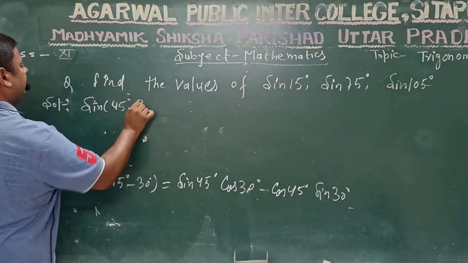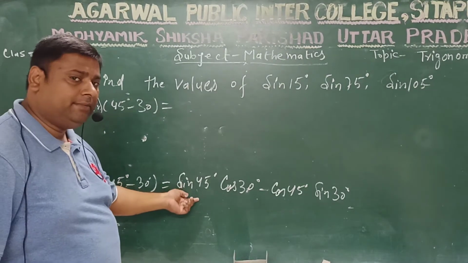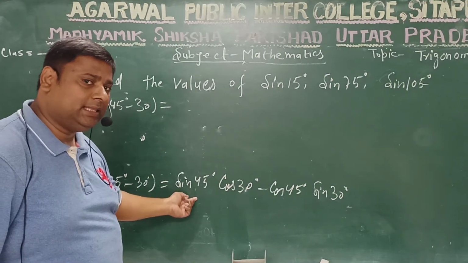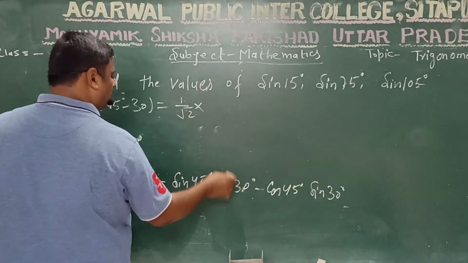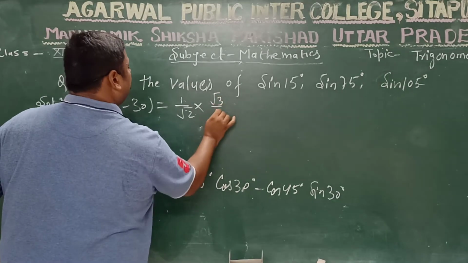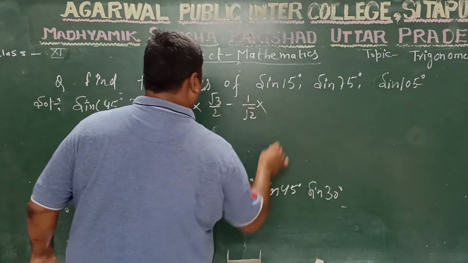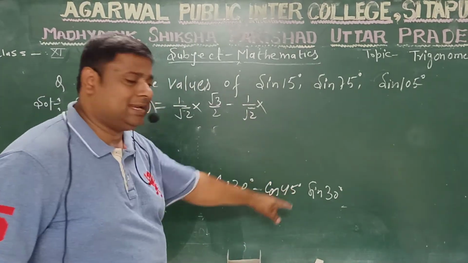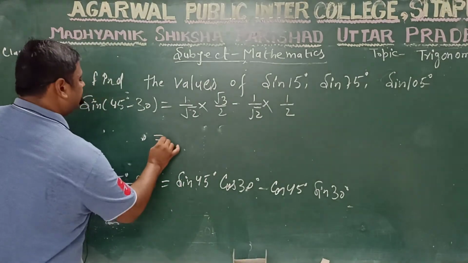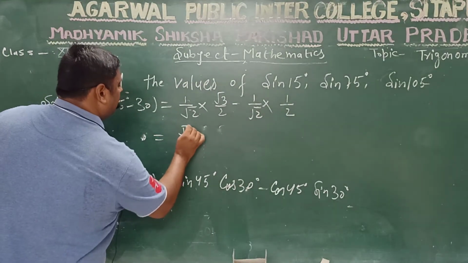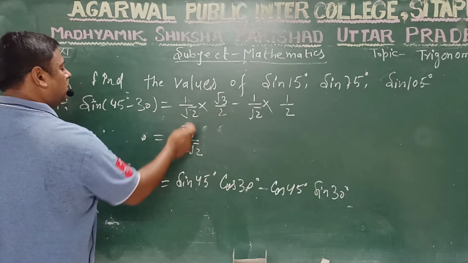Sin 45 minus 30. What is the value of sin 45? I think you have learned it in class 10th: 1 by root 2. Cos 30 is root 3 by 2. Cos 45 is the same value as sin 45, it means 1 by root 2, and sin 30 is 1 by 2. Root 3 into 1 is root 3, 2 into root 2 is 2 root 2.